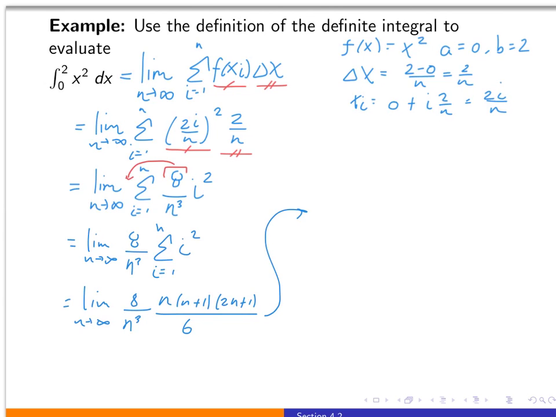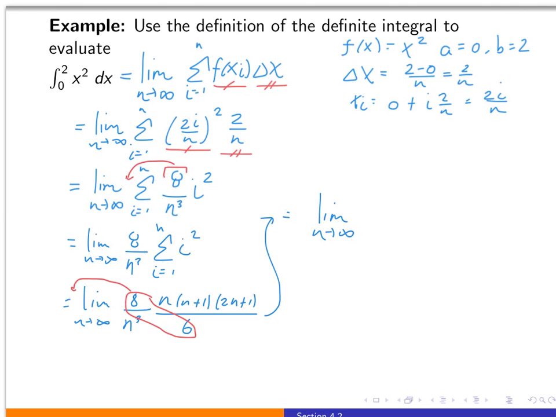And what we now have to do is evaluate this resulting limit. So in order to evaluate this resulting limit, let's make it look just a touch simpler. We have an 8 over 6, which is a constant.